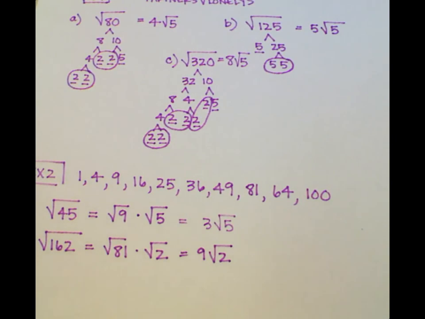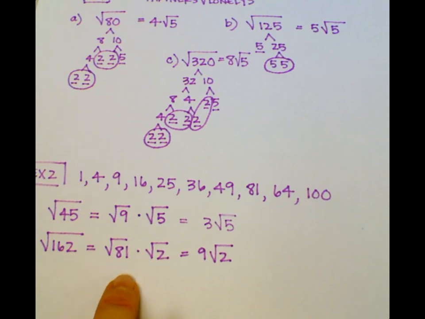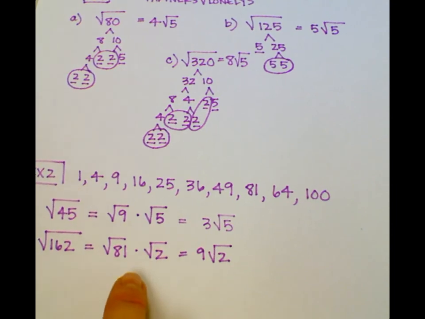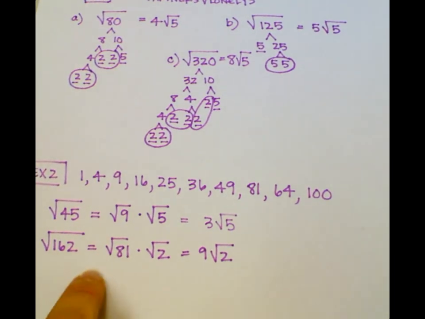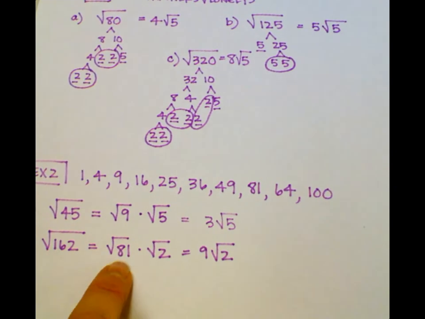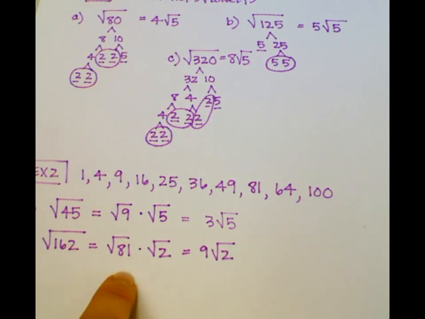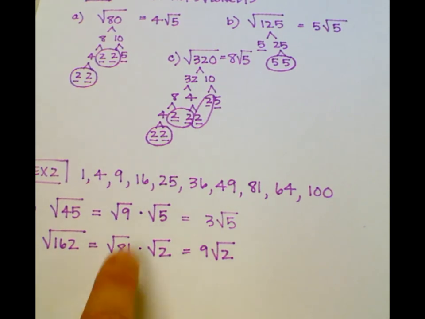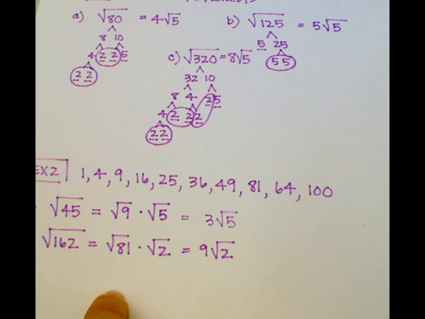Okay, so you get to decide. I will take either one. I want to see some work on this example too so I can know what you're doing. Okay, but remember down here on example 2, highest perfect square. If you do not pick the highest perfect square, it's not going to be simplified enough. Okay, so go ahead and try a couple of the practice problems before you do your exit ticket.